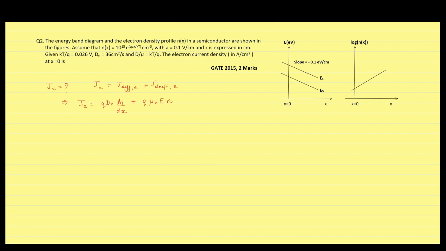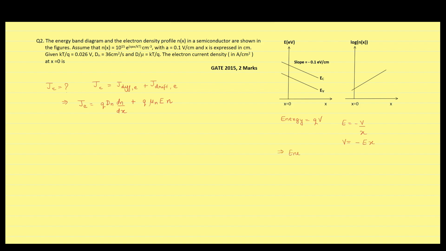First we will find the value of E. Energy is equal to QV. Also we know that electric field is equal to minus dV upon dx, or we can write V is equal to minus Ex.